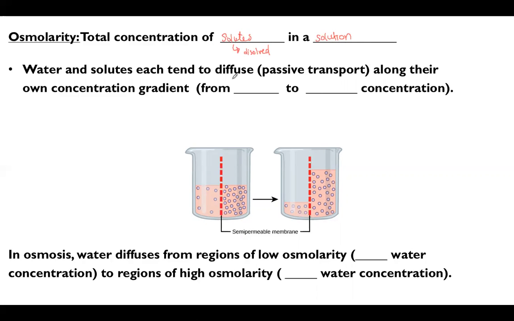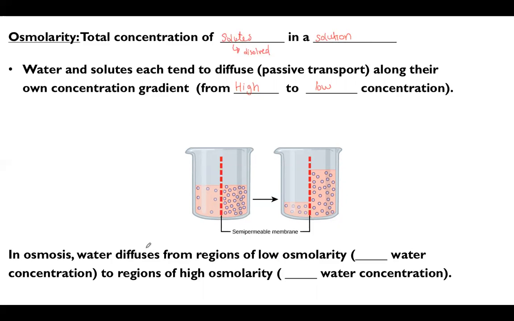So again, this means they're going down the concentration gradient from high to low, which we can see here, a very high concentration. So more water is moving in to balance that out.